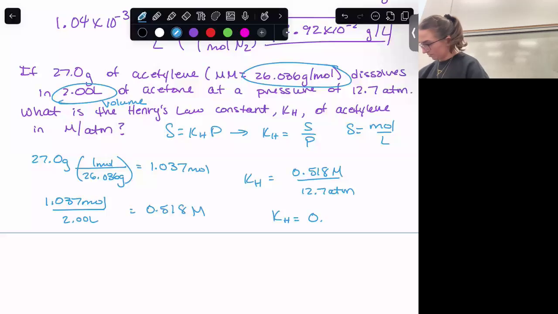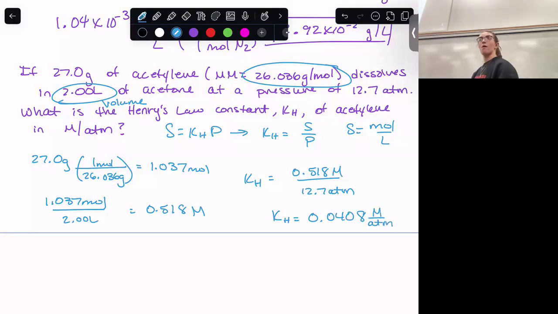And so I get 0.0408 molarity over atm. Does that make sense for the clicker question now?